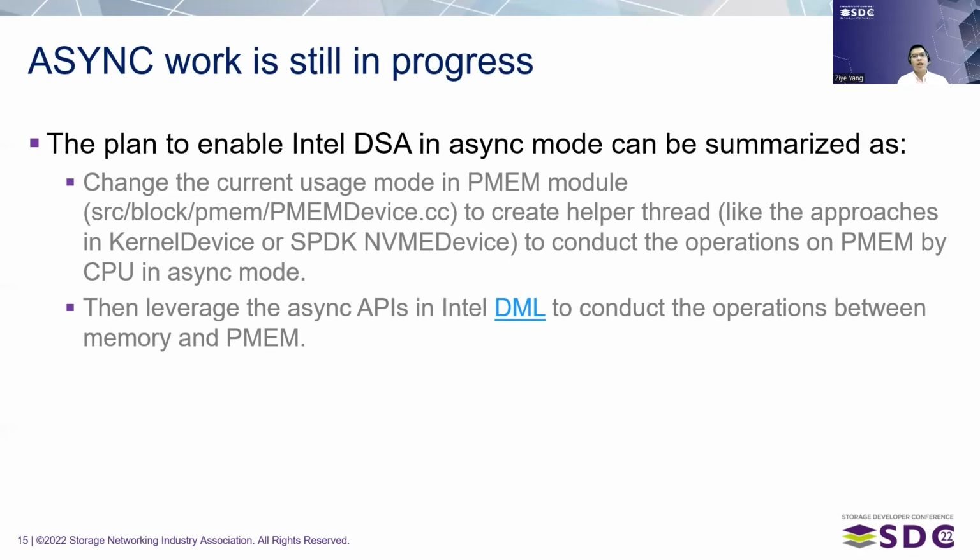We will create a helper thread like the approaches in the kernel device module or SPDK device module. And then we will conduct the operations on pmem by CPU in async mode first. Then we will leverage the async APIs in the Intel DML library to conduct the operations between memory and pmem with the async approach.